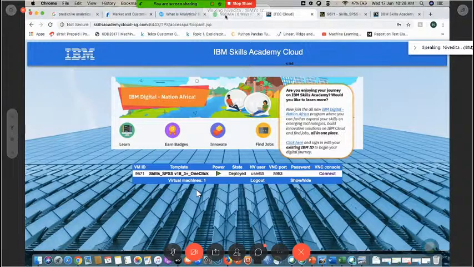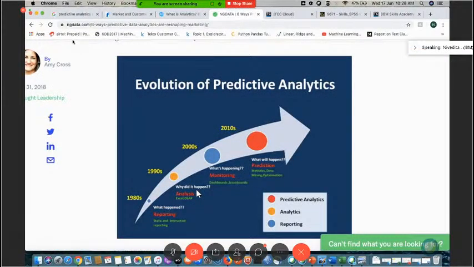If you see my screen, I'll give you a short snapshot. I believe you would have covered this in modules 1 and 2 of this course. Evolution of predictive analytics: initially, when we started gathering a lot of data, we started asking what happened using the data. That phase was called reporting.